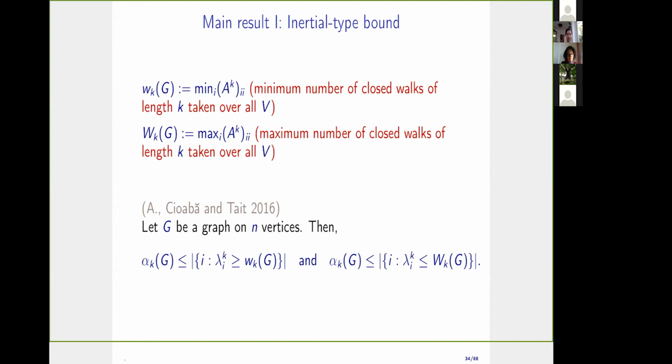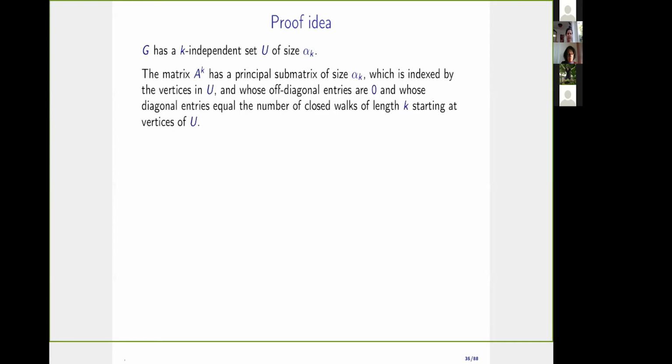Okay? The proof of this is not so surprising because it uses Cauchy interlacing, as in the first proof of the Cvetković bound. But let me give you an idea. So assume that G has a K-independent set, we call it U, of size alpha K, the K-independence number. Then we also know that the matrix A^K has a principal submatrix of size alpha K. So you put all the vertices corresponding to the independent set in the principal submatrix.